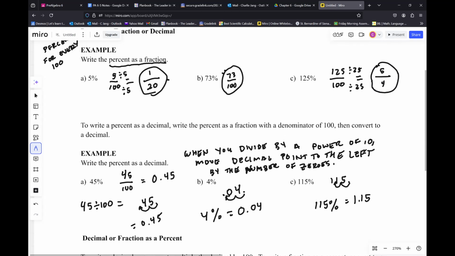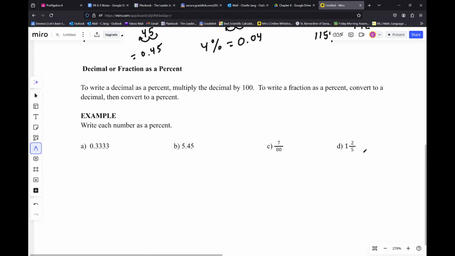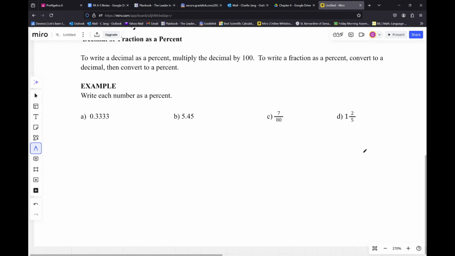So now you know how to write a percent as a fraction and as a decimal. To write a decimal as a percent, you multiply the decimal by 100. When you multiply the decimal by 100, what happens? Well, the opposite. When you multiply a decimal by 100, instead of moving the decimal point to the left, like when we divided, you move it to the right. By how many spaces? You move it by 2 spaces because, again, there are 2 zeros.